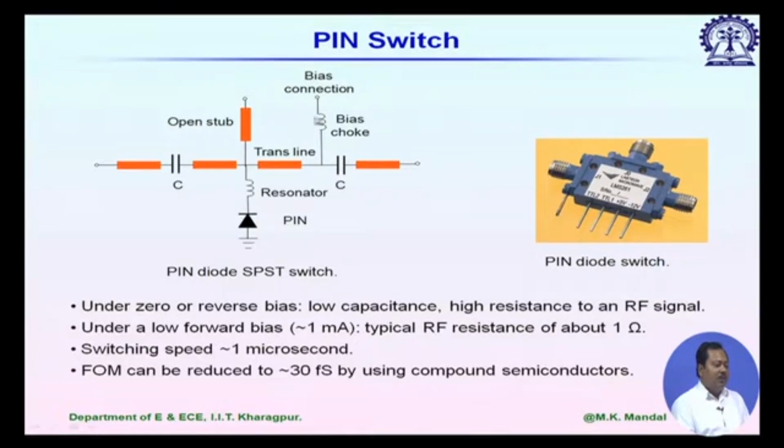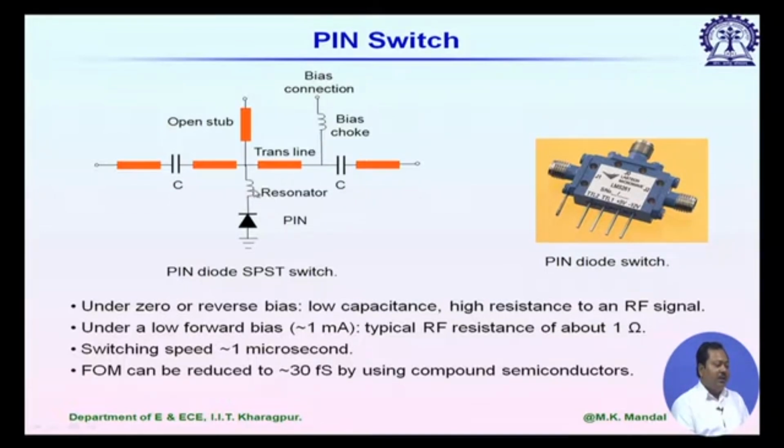Similarly, we have to somehow isolate this DC biasing source from the RF input source or the RF load at the right hand side. That is why we are using a DC blocking capacitor C. Typically the C value should be as high as possible, so that it offers very small resistance, or we can replace the capacitor simply by a short circuit for this millimeter wave signal, but we have to replace the capacitor by an open circuit for the biasing connection.